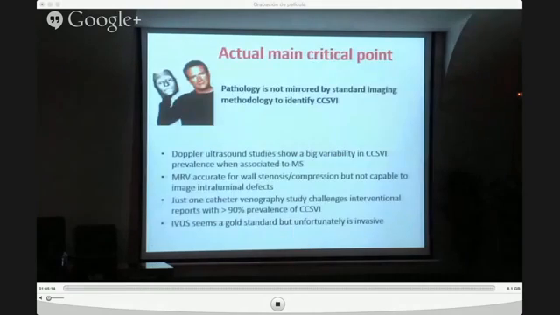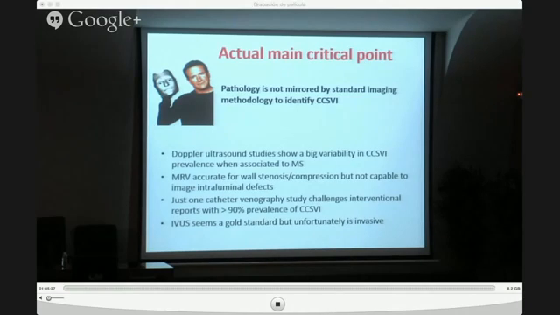There are many critical points because pathology is very clear, but it's not mirrored by standard imaging methodology to identify CCSVI. Doppler ultrasound studies show a big variability, from 0 to 100% in more than 24 epidemiological studies performed by using Doppler ultrasound.